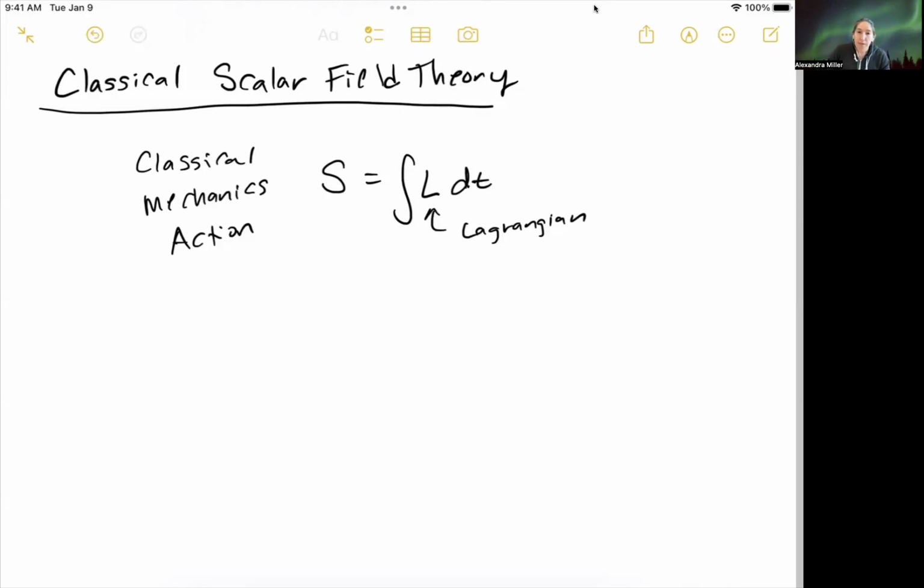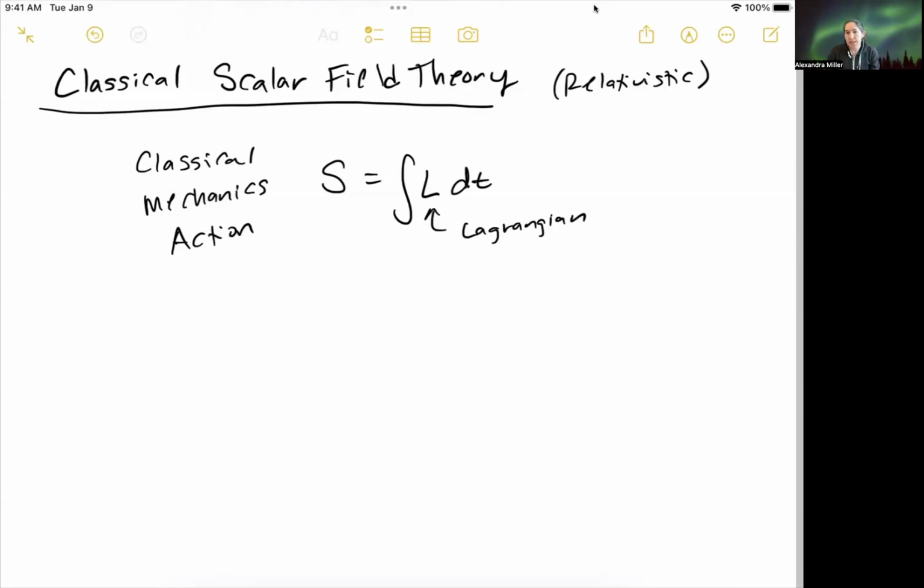This works great for classical mechanics, but we're going to want to be doing not just classical scalar field theory, but we want this to be relativistic. And therefore, we want to be treating space and time on equal footing. Whenever you want to deal with any sort of relativistic theory, one of the key things that you should always be having in the back of your mind is that space and time should be treated sort of the same.